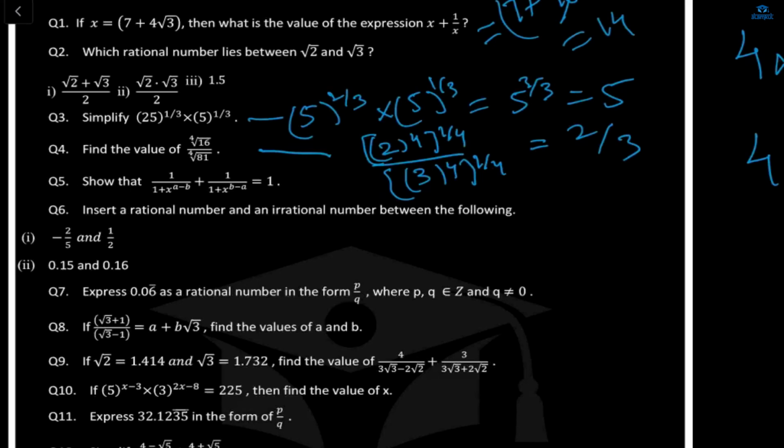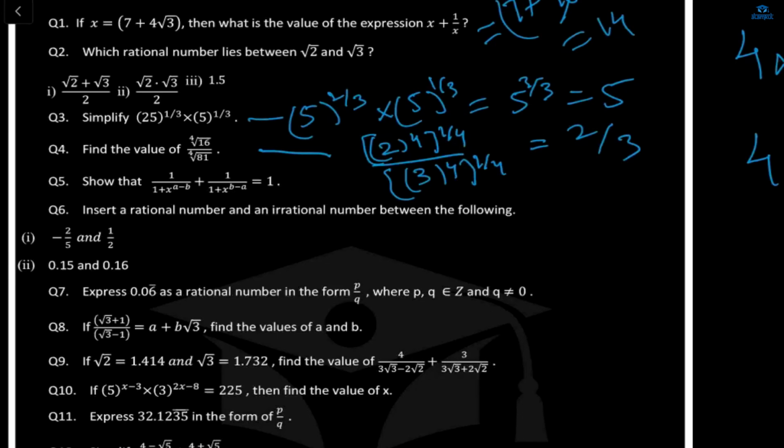Show that 1 upon 1 plus x to the power a minus b, plus 1 upon 1 plus x to the power b minus a, is equal to 1. This one is also easy. So what you are going to do? You are going to take the LCM. In fact, you can write this with a minus b and b minus a.